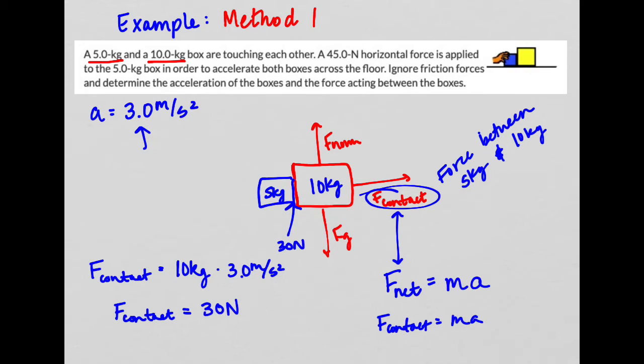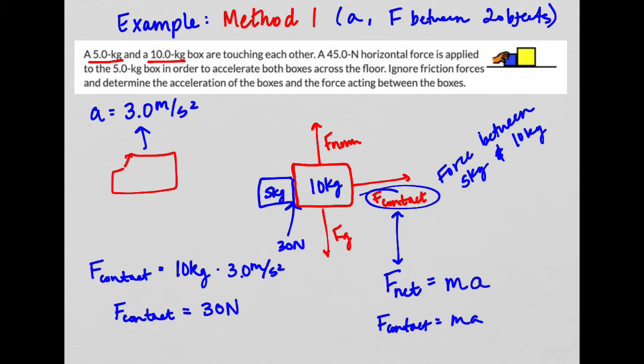All right, so there you go. Method 1, we solved first for acceleration, then we solved for the force between the two objects. So that's going to be the general gist. When you use method 1, you're going to first solve for acceleration, then you're going to solve for the force between the two objects. The way that we solved for acceleration was by assuming that this was one object, right?